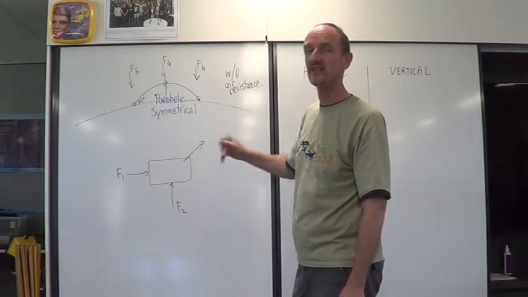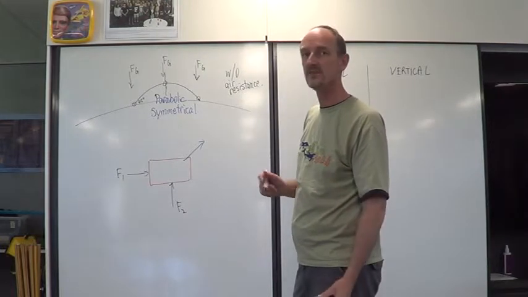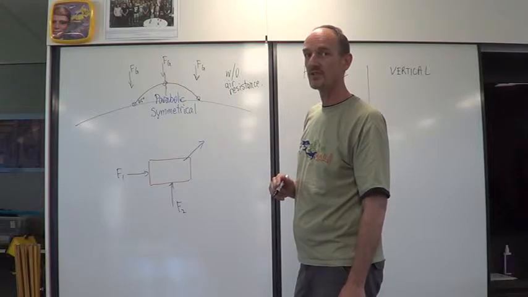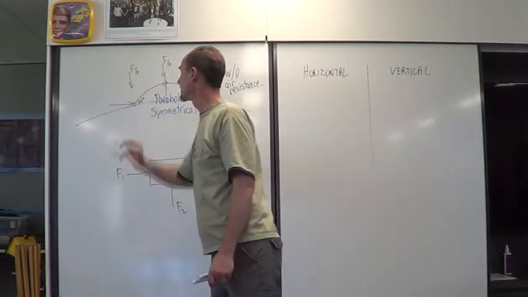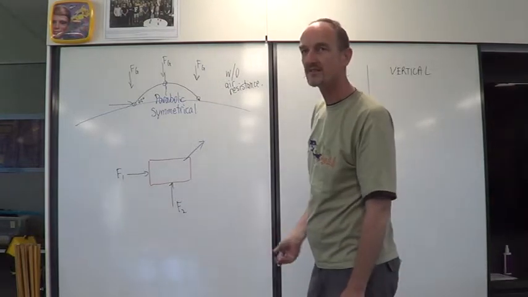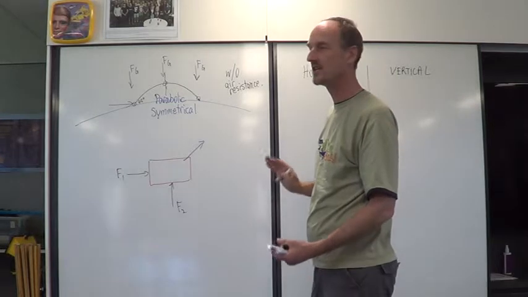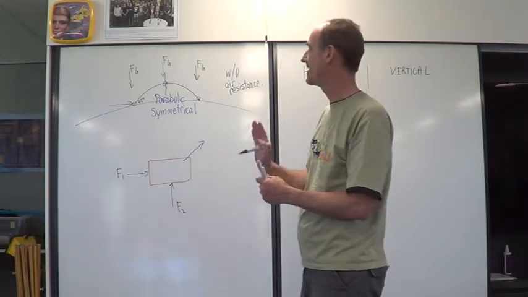There's going to be an acceleration towards the centre of the Earth, and it's going to be in the direction of the field. So that's the vertical motion. However, when we threw the object, we also gave it some motion upwards.